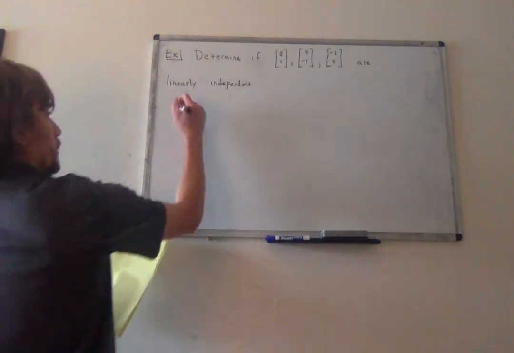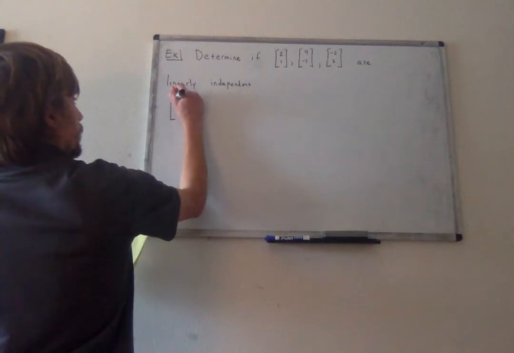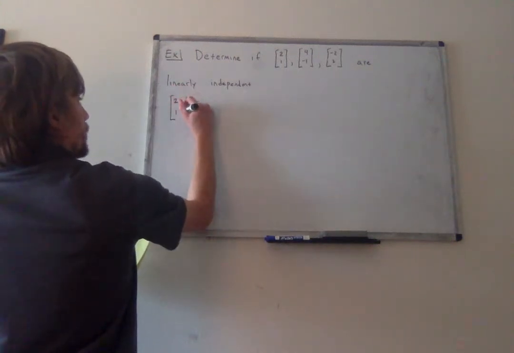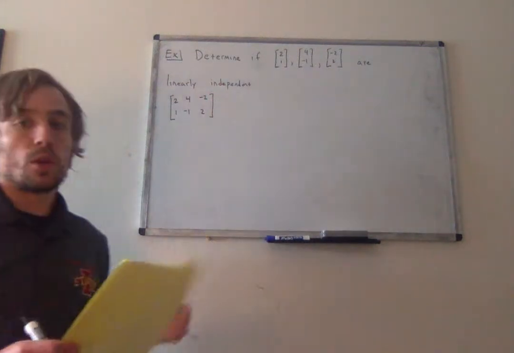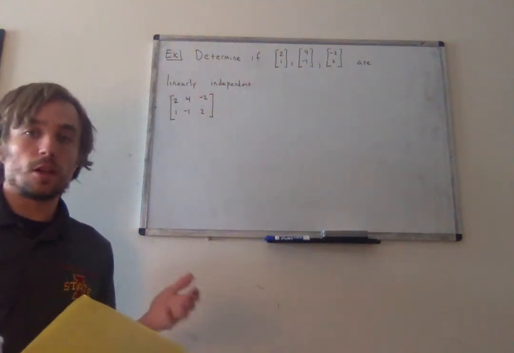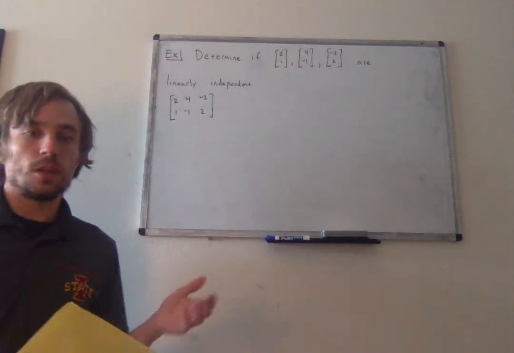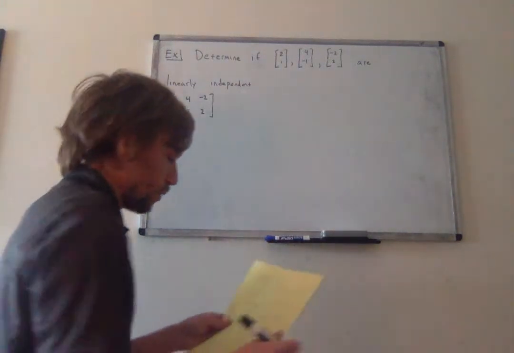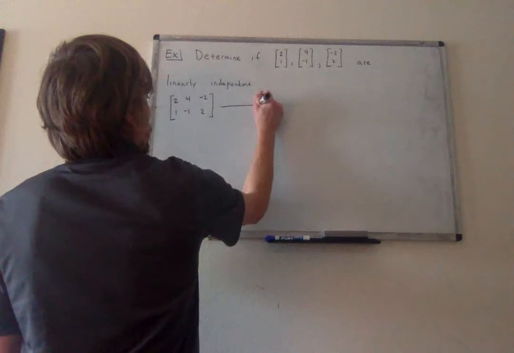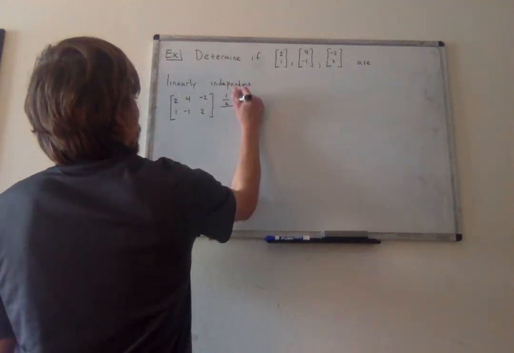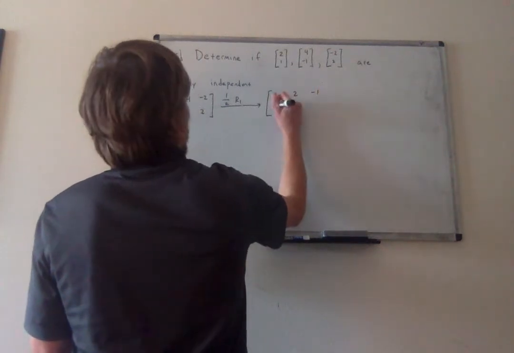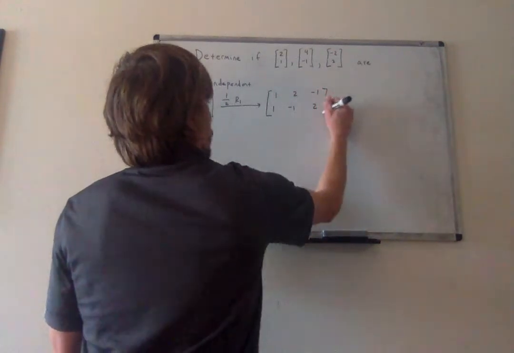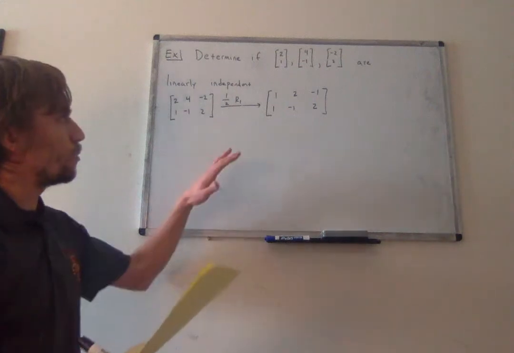So let's pretend we're going to do this the usual way. We set up our matrix. We want to row reduce and count the number of pivots in our matrix, or equivalently count the number of leading ones in our row reduced matrix. I might move a little quicker through this row reduction.